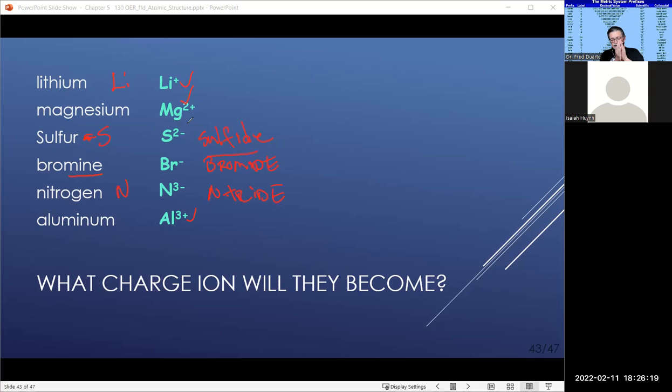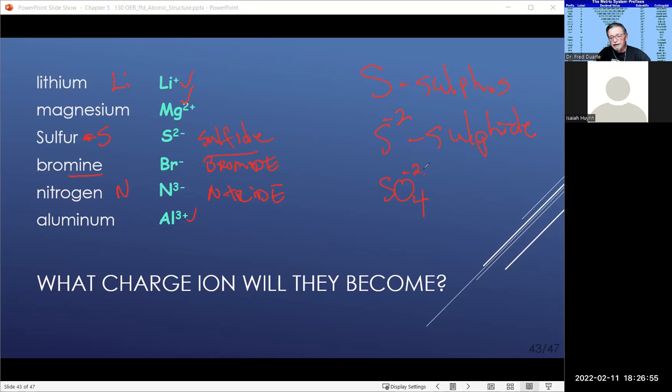If it's just the single element itself, then it becomes sulfide. And this is why I'm saying you got to be very careful here, because we got sulfur for S, okay? We just talked about the -2 ion. Its name becomes sulfide, okay? But we also have, when the ionic sulfur combines with oxygen, sulfur combined with 4 oxygens.